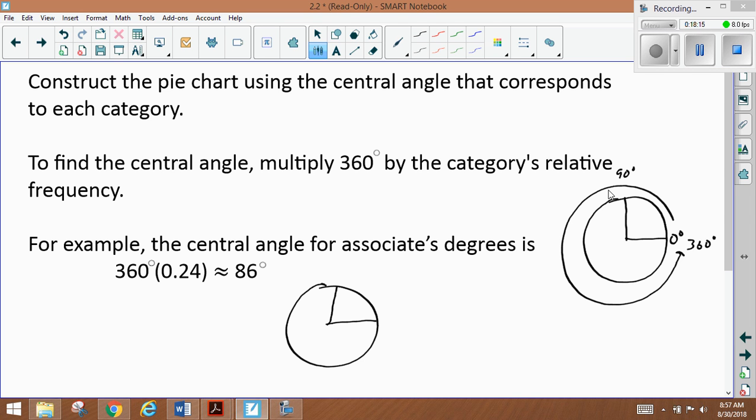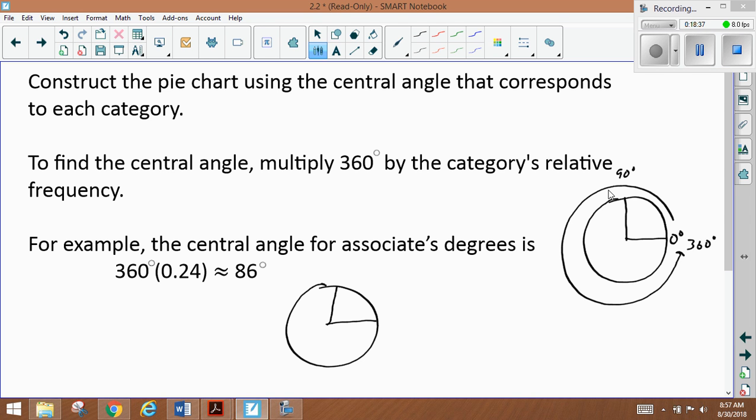Pretty much 25% is a quarter. You can kind of estimate, it doesn't have to be perfect every time. There are times when it might have to be perfect, but in most cases, if you get a good estimate, it's still going to look really nice, and it's still going to represent your data.